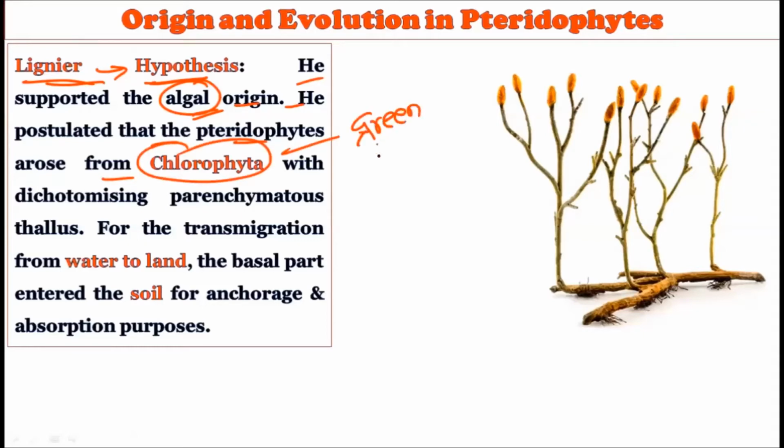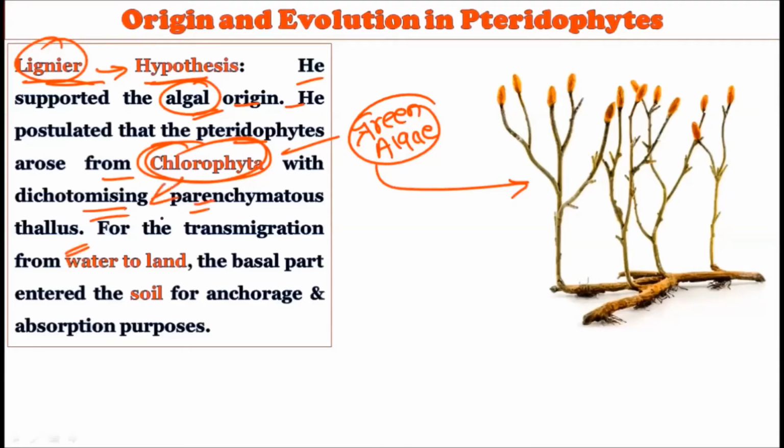According to Lignier, there is an algal ancestry of the pteridophytes, and particularly the Chlorophyta, the green algae, that is the Chlorophyceae, is responsible for giving rise to the pteridophytes with a dichotomizing parenchymatous thallus. Because these Chlorophyta possess a thalloid plant body with dichotomous branching, these Chlorophyta members were responsible for creating these pteridophytes.